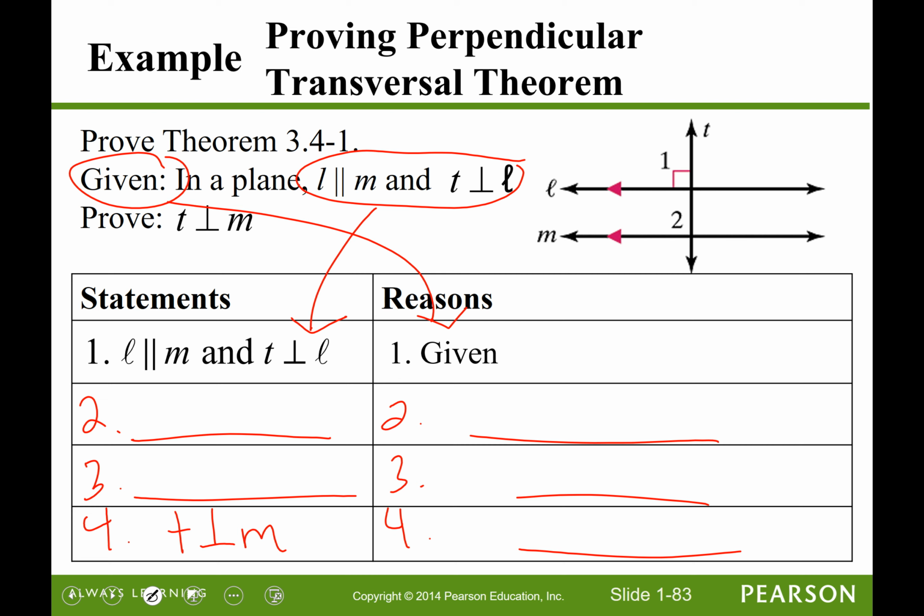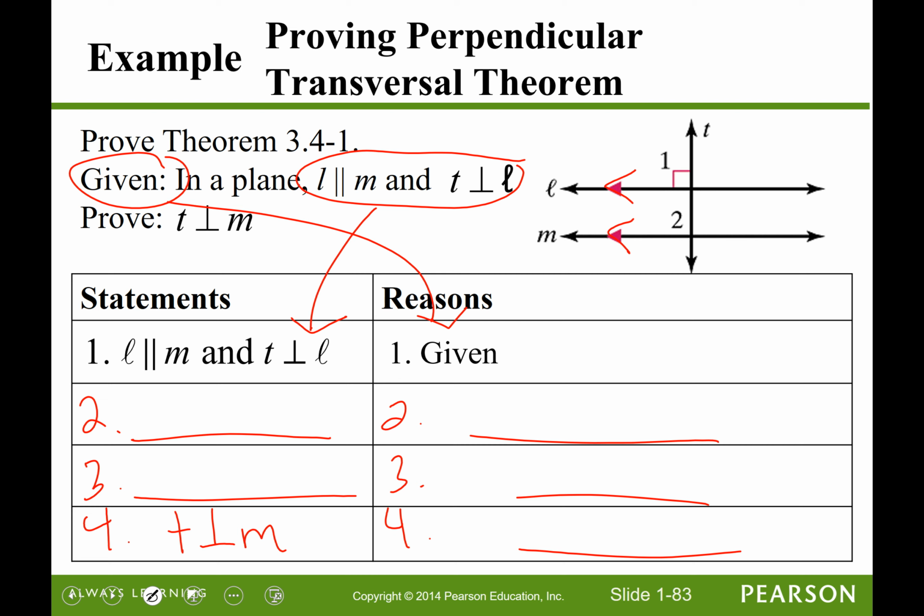Welcome back. If you are somehow thinking angle 1 and angle 2 are corresponding angles, then you're on the right track. We have a theorem that says that if two lines are parallel and cut by a transversal, then corresponding angles are congruent. That's the converse of the corresponding angles theorem.